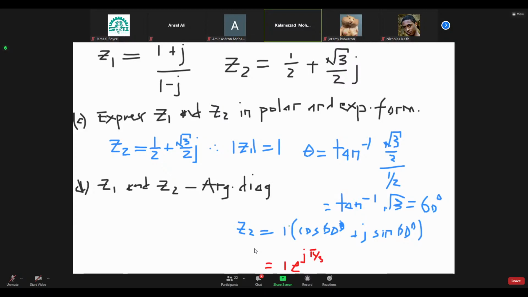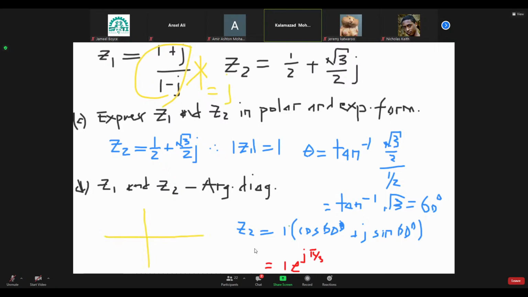Part D of the question says express Z1 and Z2 on an Argand diagram. Now watch here carefully. We've already shown that this is equal to j, because you can't put this as is on an Argand diagram. You have to do the division in any case.